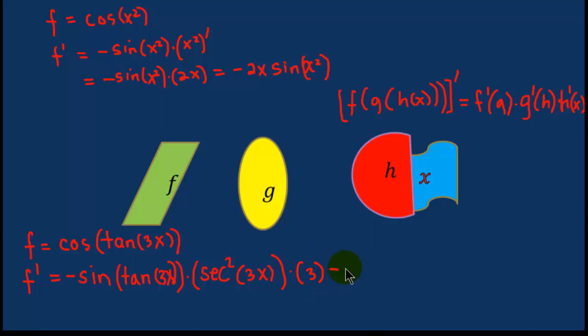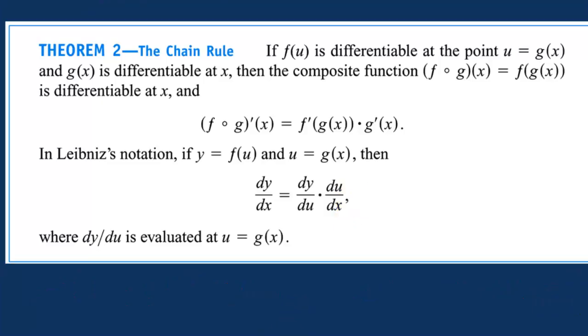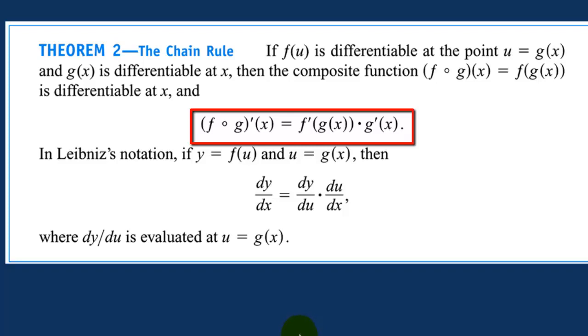So what we have thus far, putting all the constant coefficients in the front, is minus 3 sine of the tangent of 3x multiplied by secant squared of 3x. There you go. Here you've got f of g of x, like what we said, is equal to f prime with respect to g times the derivative of g with respect to x.